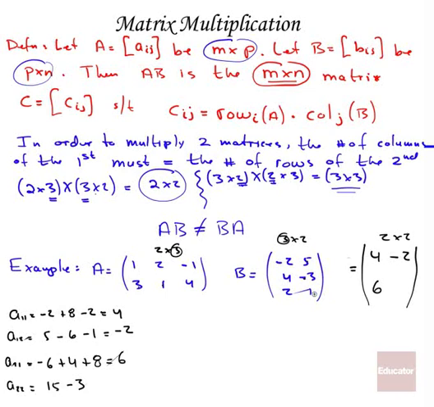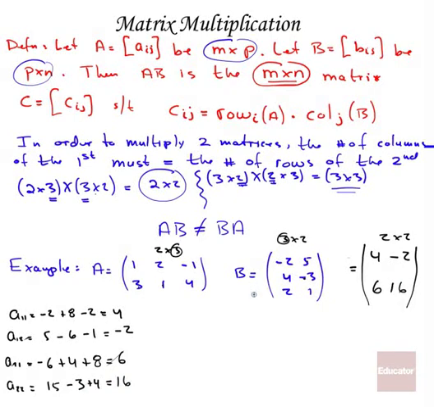I don't even know. No, it's 1. 4 times 1 is 4. So we get 15 plus 4, which is 19. 19 minus 3 is 16. So this entry is 16.